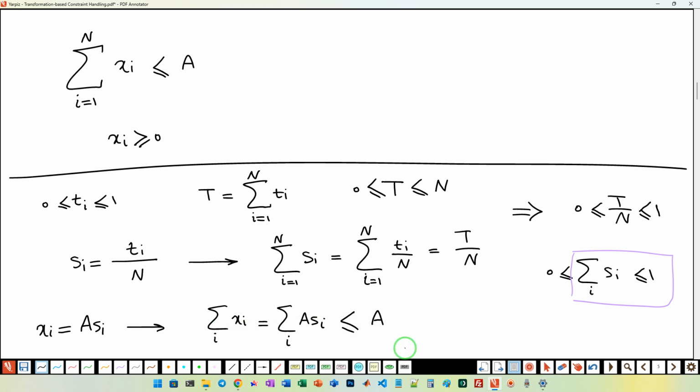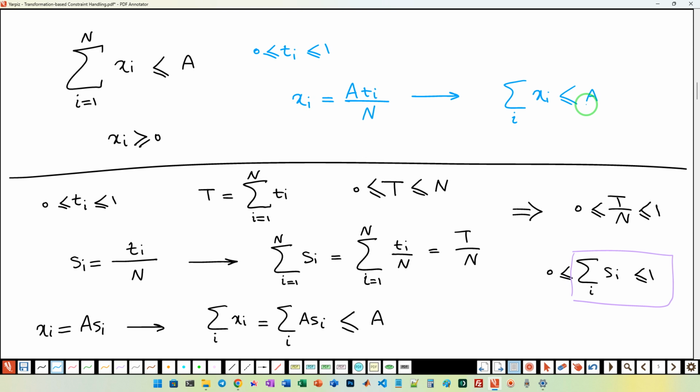Now si is ti divided by n, that's a simple mapping, and we can show that if we have ti's between 0 and 1 and define xi equal to a ti divided by n, then these add up to a number less than or equal to a.